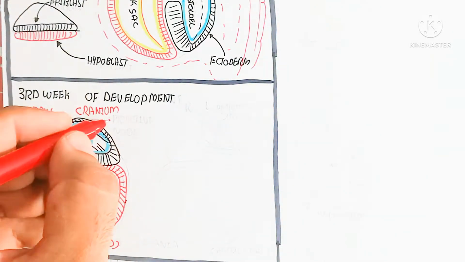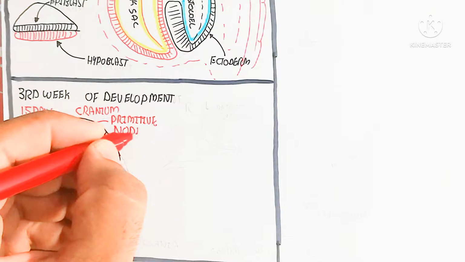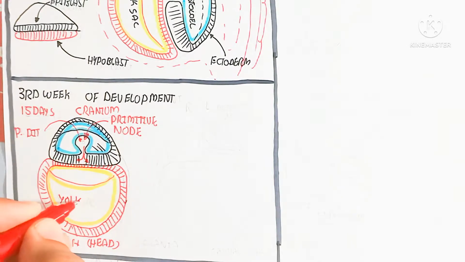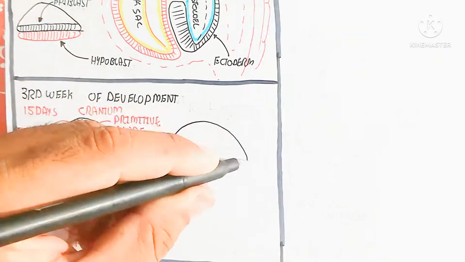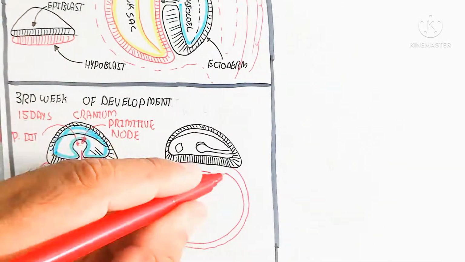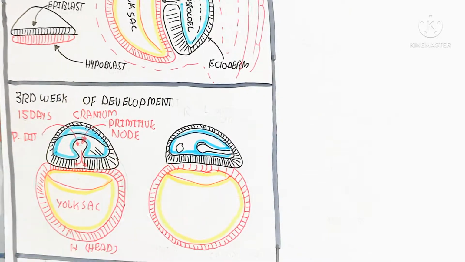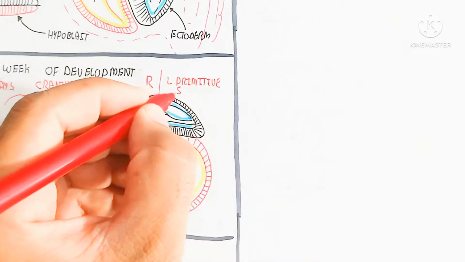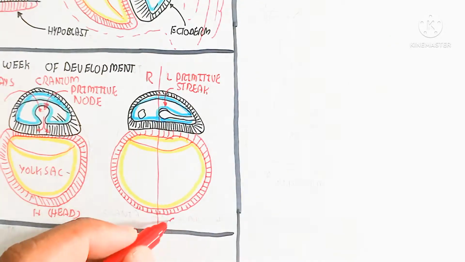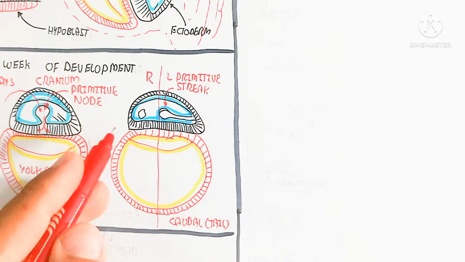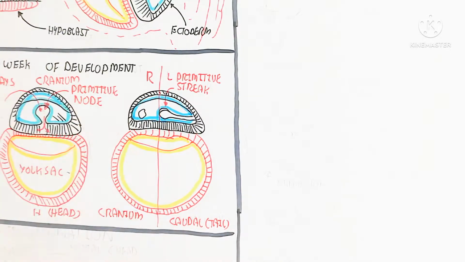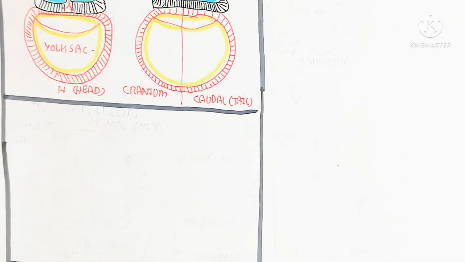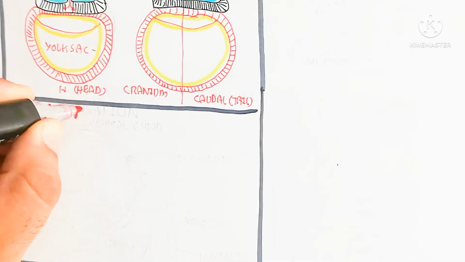The primitive node forms, along with the cranial and caudal regions. Here, the front is the head. The primitive pit is formed after 15 days, and this is the sagittal view, showing the right and left sides of the embryo. This is the primitive streak formation, and the cranial and caudal ends, the head and tail, are formed.